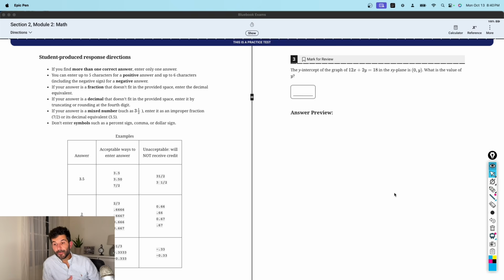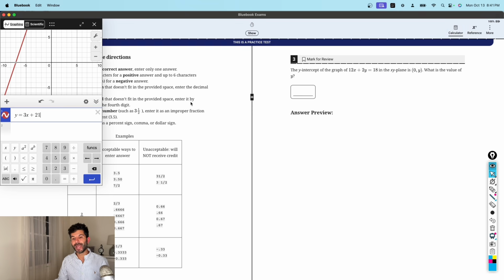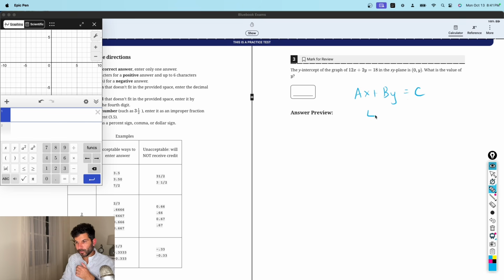Okay. Question number 3, the y-intercept of the graph 12x plus 2y equals 18 in the xy plane is 0, y. What is the value of y? So this is a standard form linear equation, which cannot be typed directly into Desmos. So what we would need to do is make this go from ax plus by equals c into y equals mx plus b.